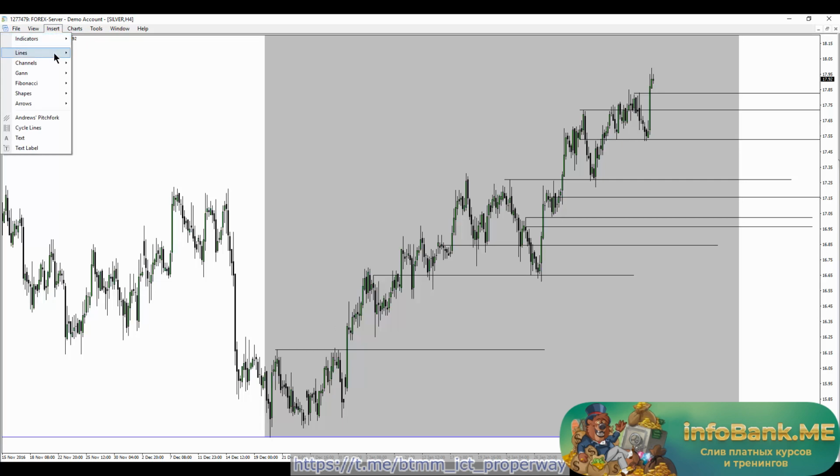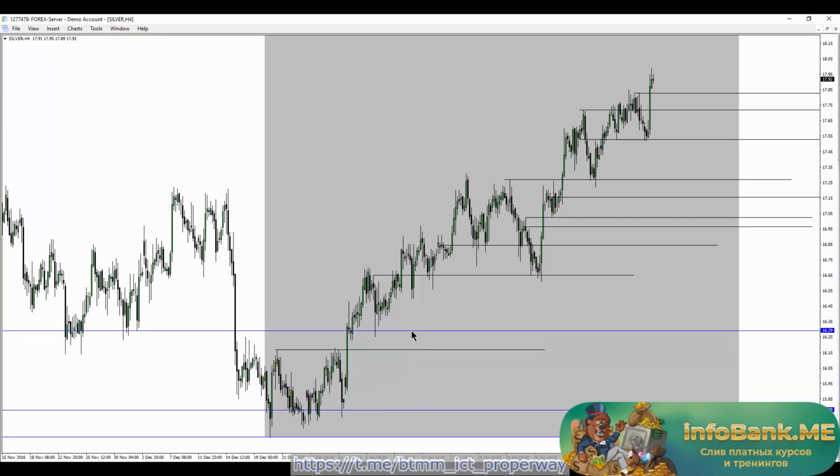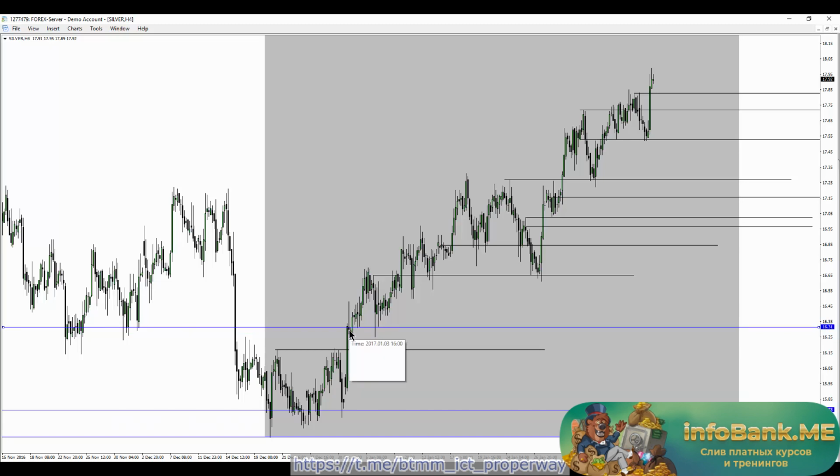We're going to put it with horizontal lines in here so it just stands out and pops off the chart. Okay, we have this down candle, price hits it, rallies. Two down candles in here using the bodies, not the wick. Hits it, rallies.